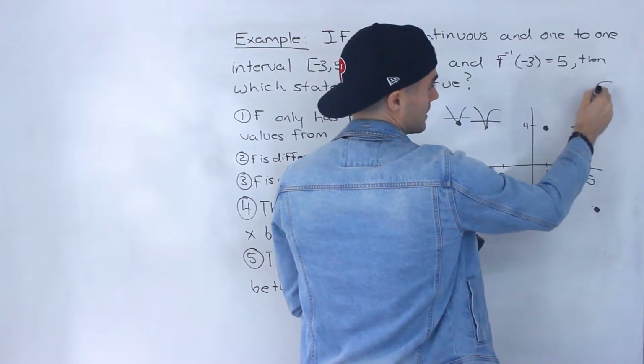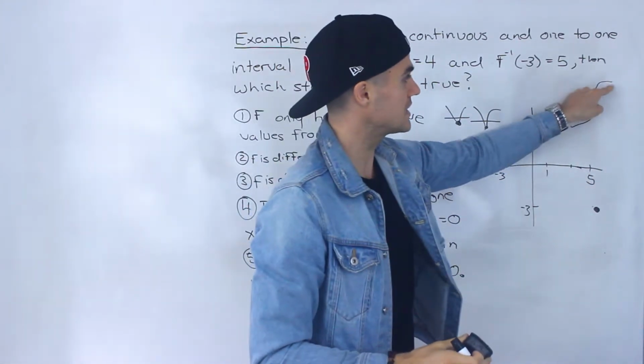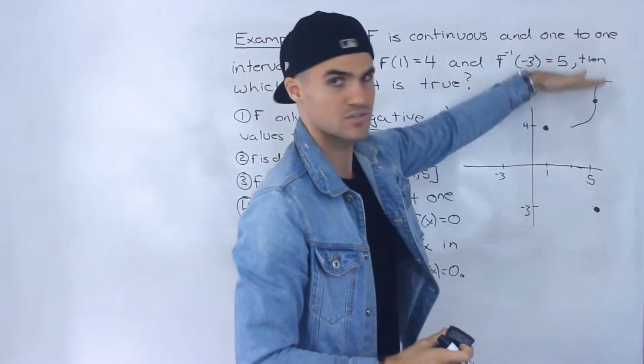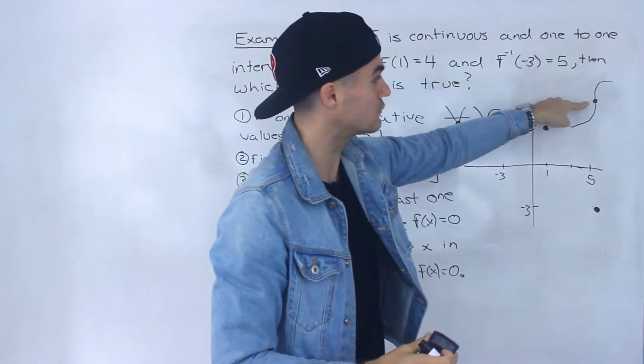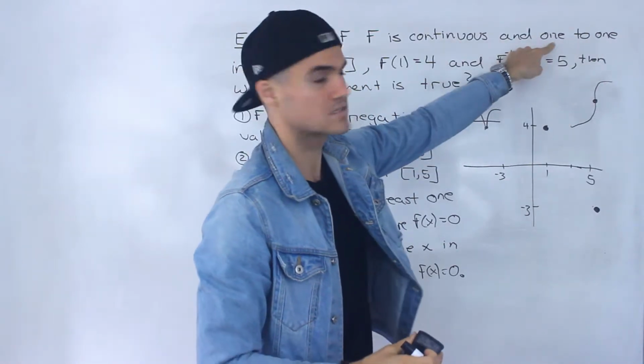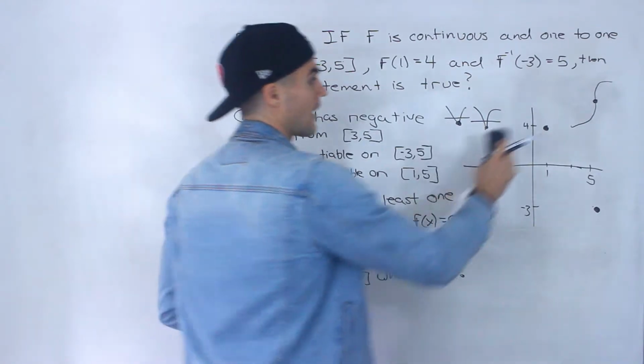So there can be a vertical tangent, and notice that this function would be continuous and it would pass that horizontal line test, so it would be one-to-one. So it's possible for a function to be non-differentiable, continuous, and one-to-one. And the vertical tangent is an example of that.